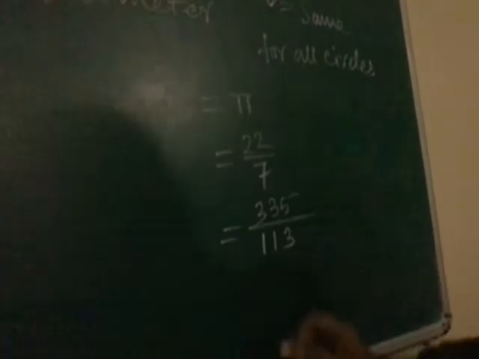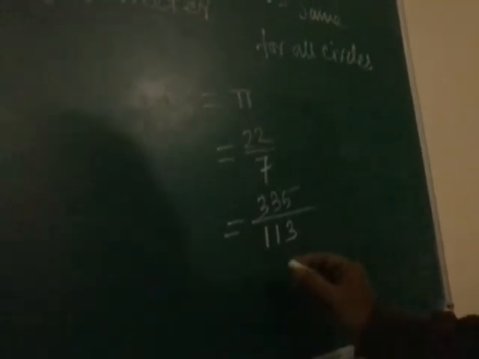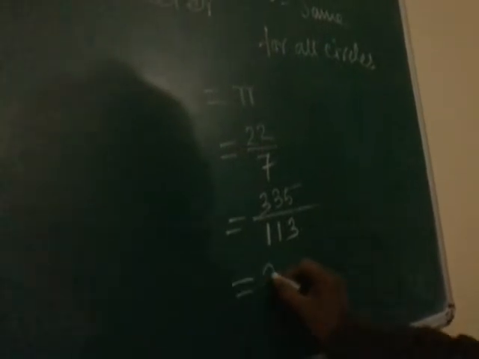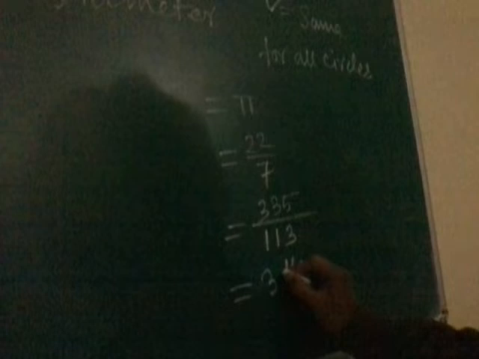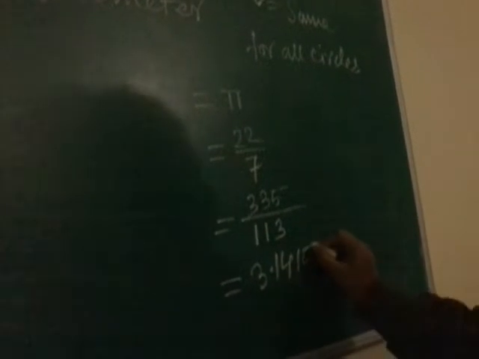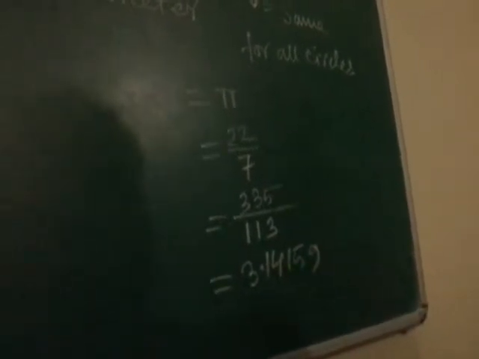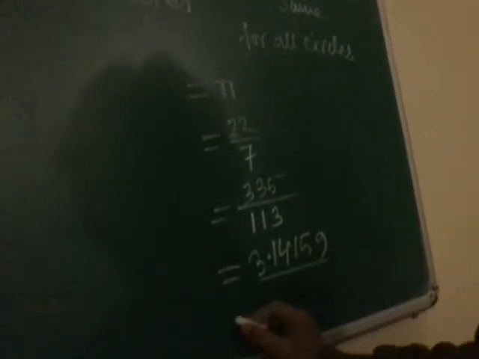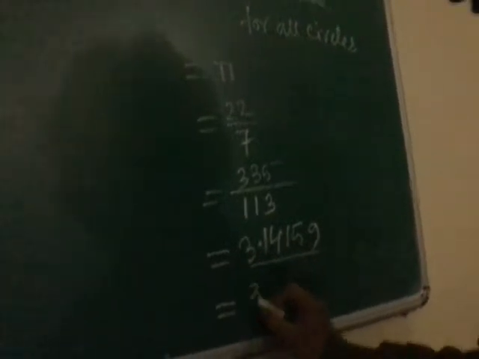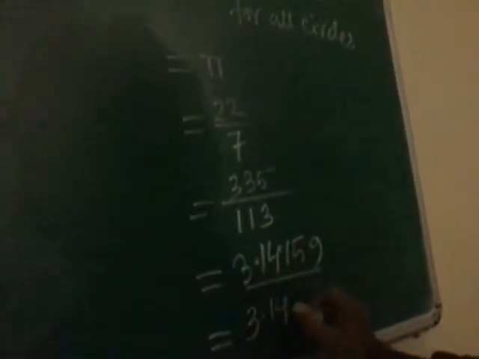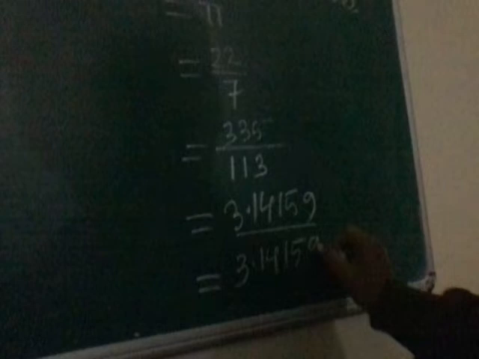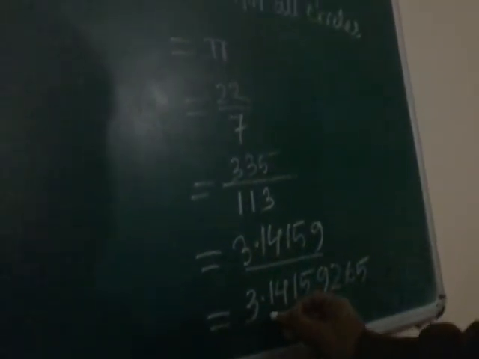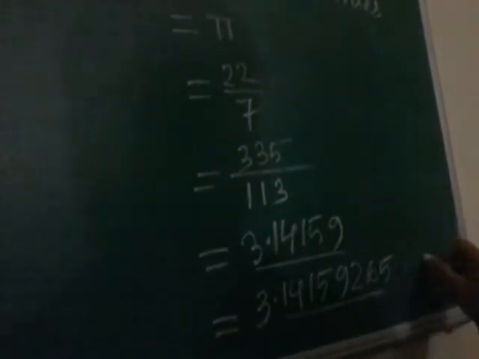Another value up to 5 decimal places is 3.14159, and the 8 decimal places value is 3.14159265.